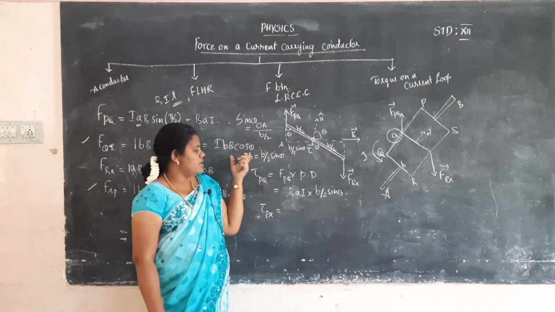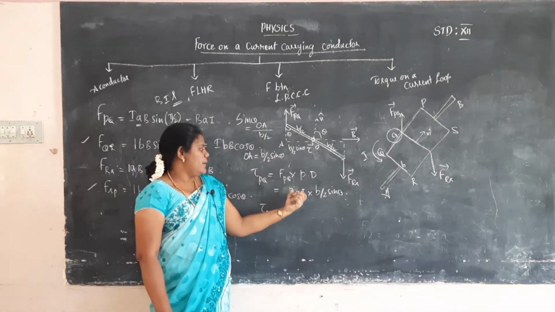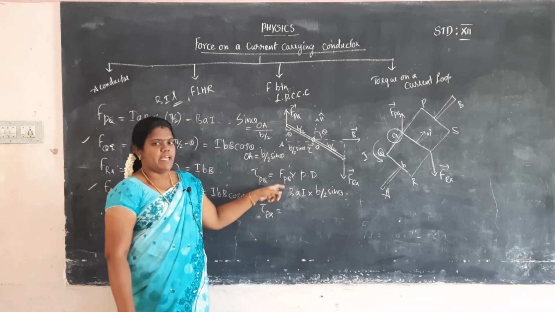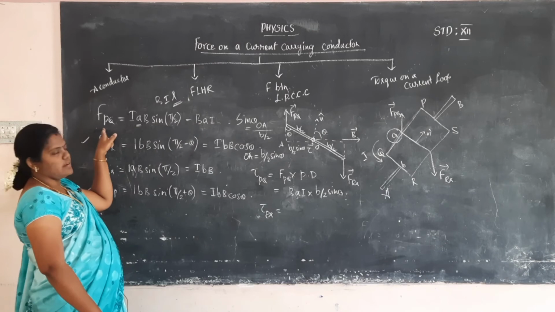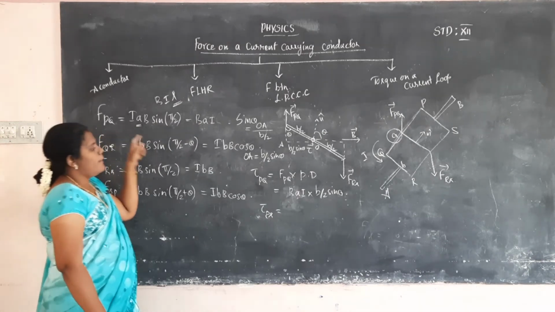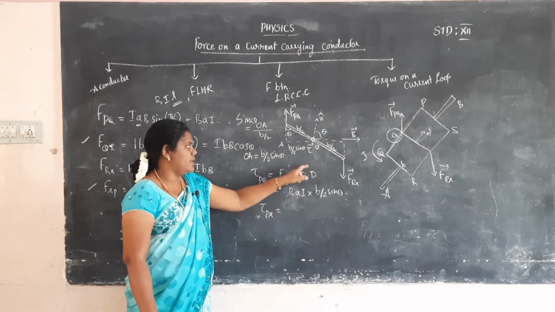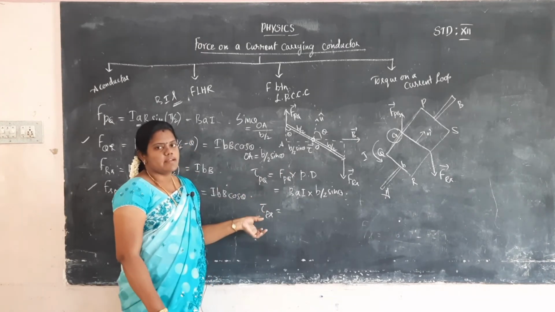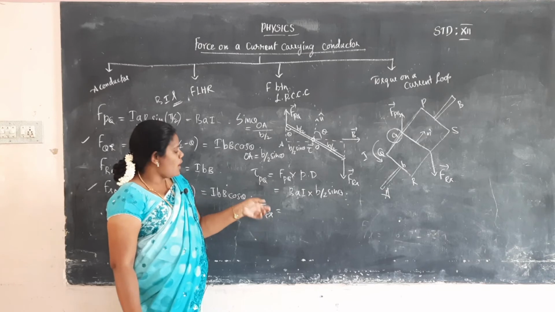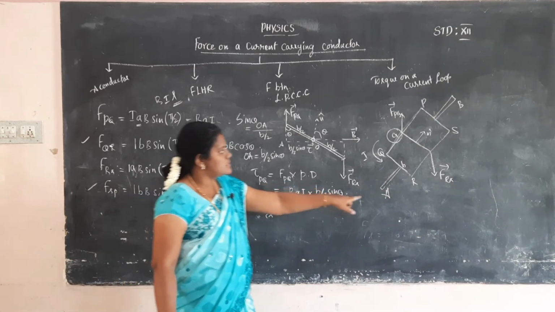We substitute the perpendicular distance in the torque formula. The force acting on arm BQ is BAI, into the perpendicular distance b by 2 sin theta. So that is one. And another torque acts on the RS arm.